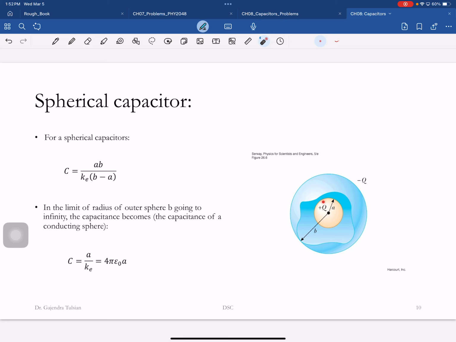So you can use a single spherical object and charge it, and that can also behave like a capacitor. You might have seen a Van de Graaff generator, and you charge it, and there's a capacitance associated with it.